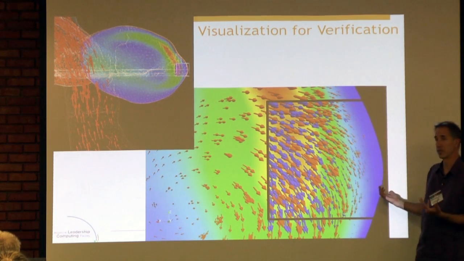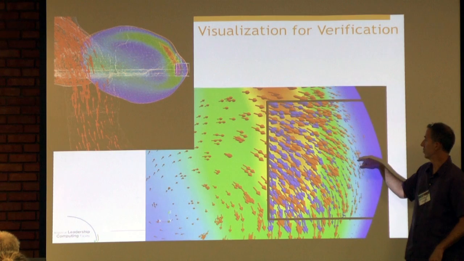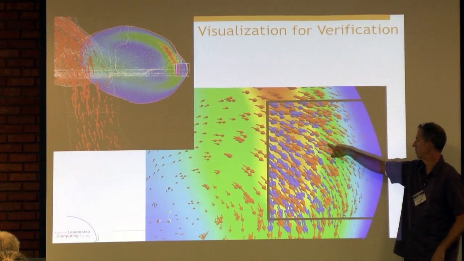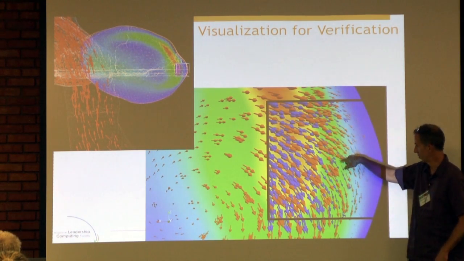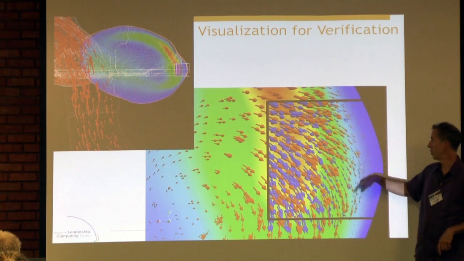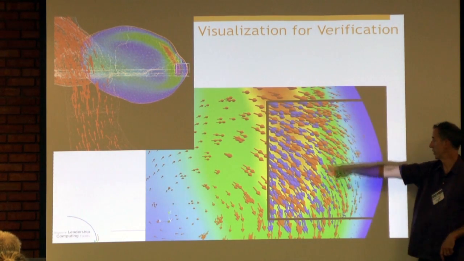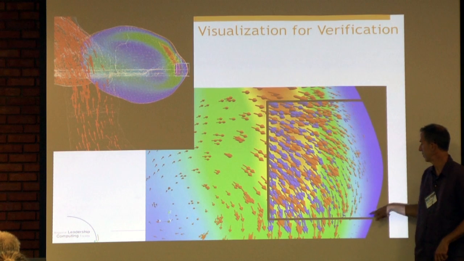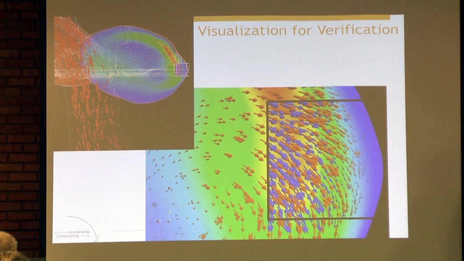They were using this as a verification tool where they can look and see that the red and orange arrows are what's calculated by the finite element code, and then these purple ones originate only on the inside of this space. That's where the particle dynamics is happening. And so you see they're getting the same answers, what they're looking for. And so this was a valuable tool to help verify that.